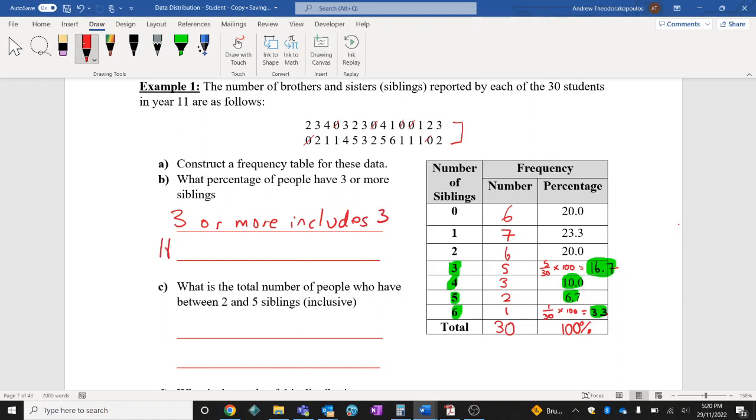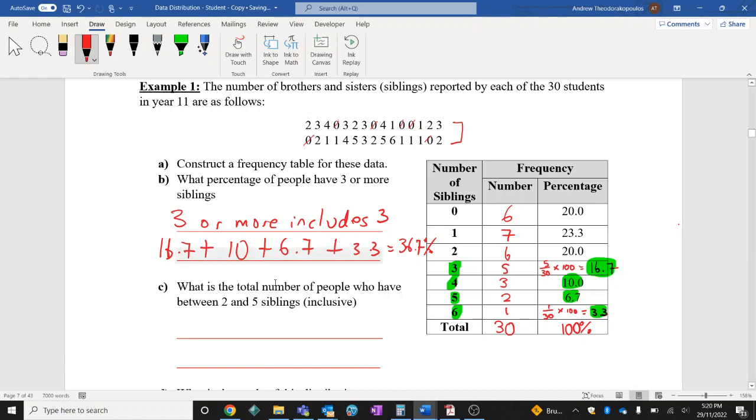Which means 16.7 plus 10 plus 6.7 and plus 3.3. That equals 36.7%, if you've done that all correctly.